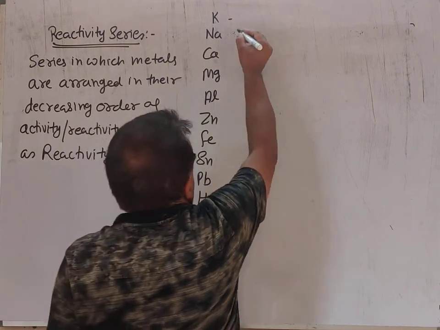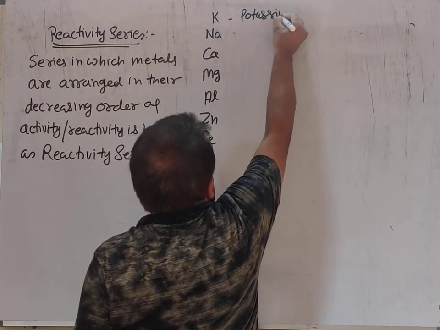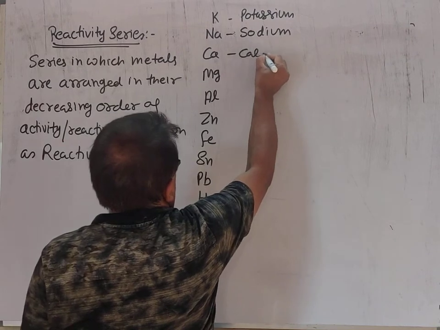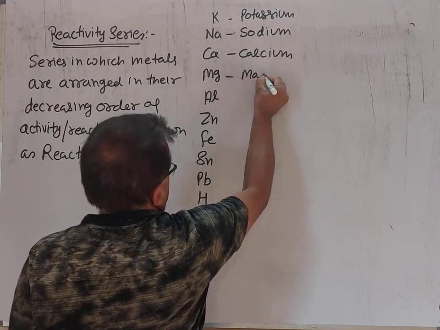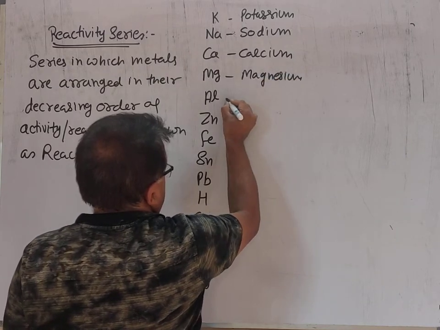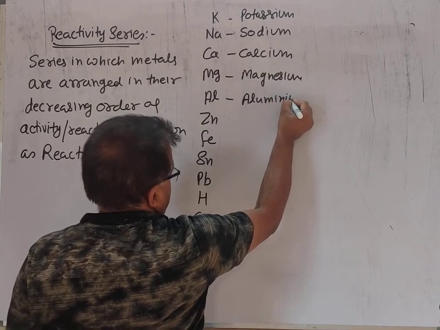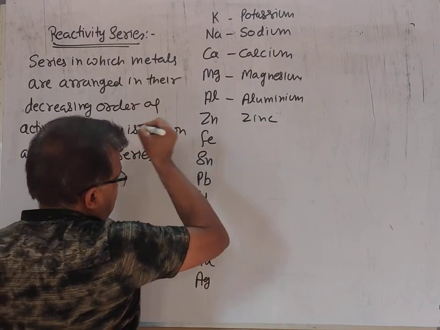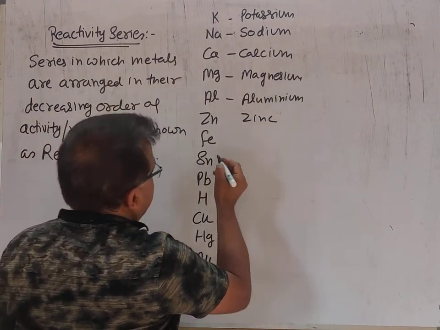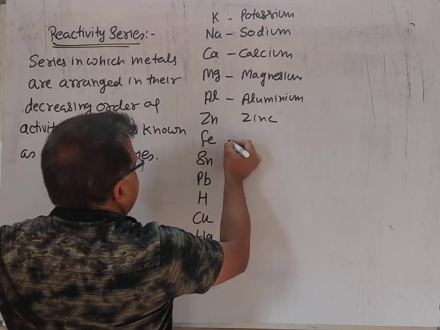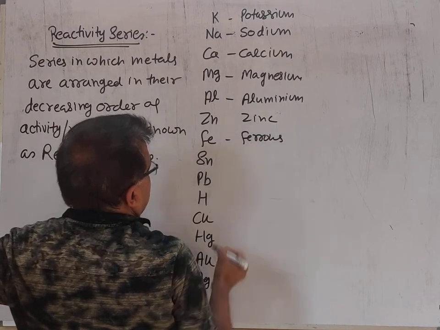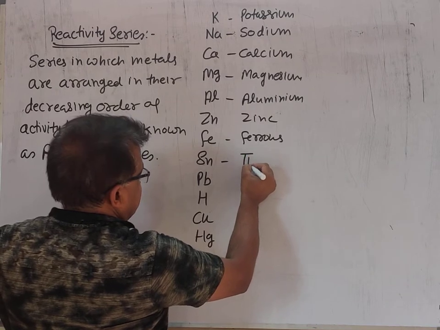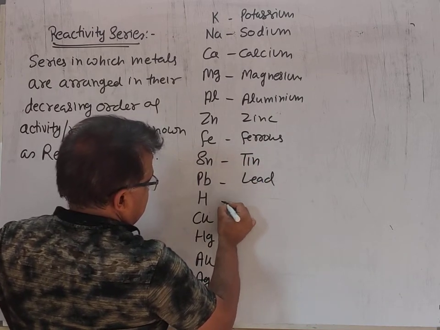So it is potassium, sodium, calcium, magnesium, aluminium, zinc, iron or ferrous, tin, lead, hydrogen.